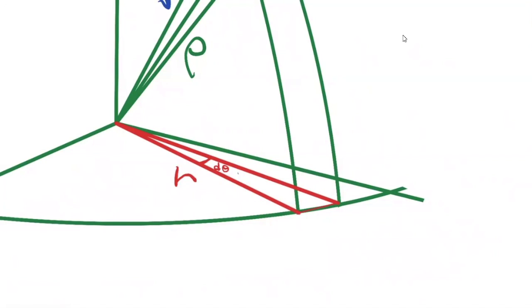That is not as thick as I want. Hang on. Okay, so that little bit of arc length is r d theta. Again, just radius times angle.